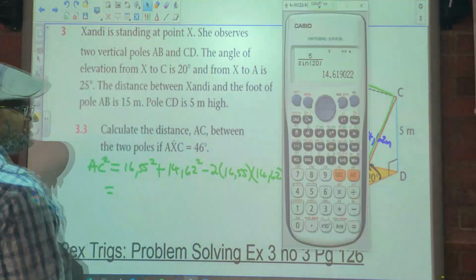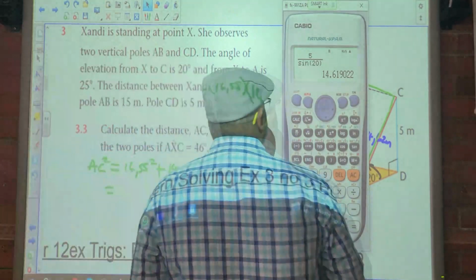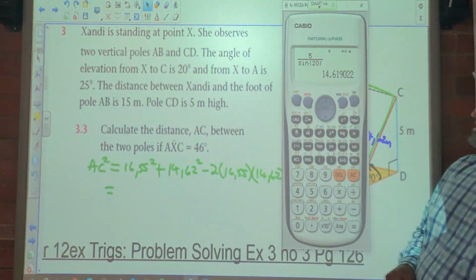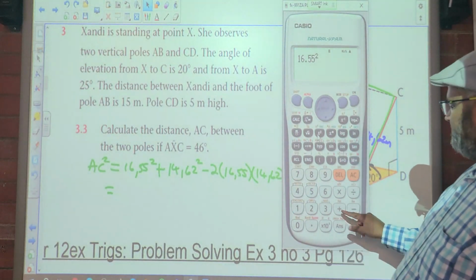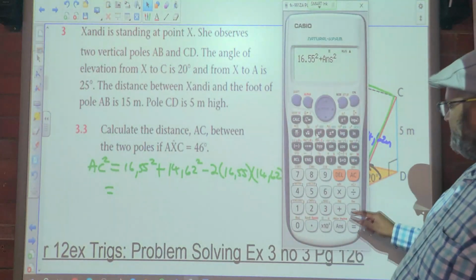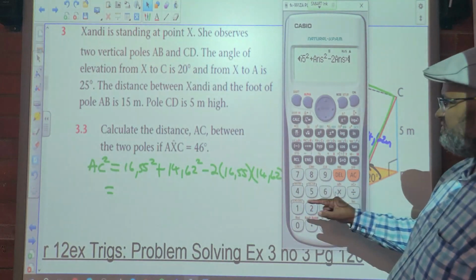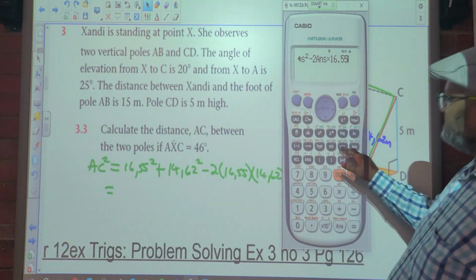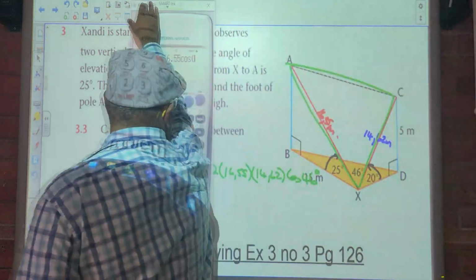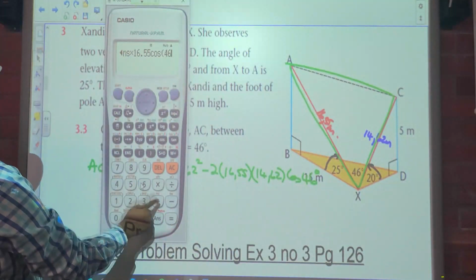You see that? So let's go. The last answer calculated was 14,62. So it's going to be 16,55 squared plus answer squared minus 2 times answer times 16,55 cos of 46.